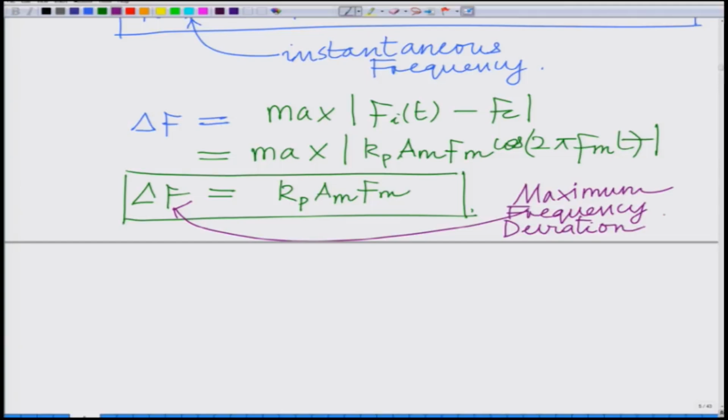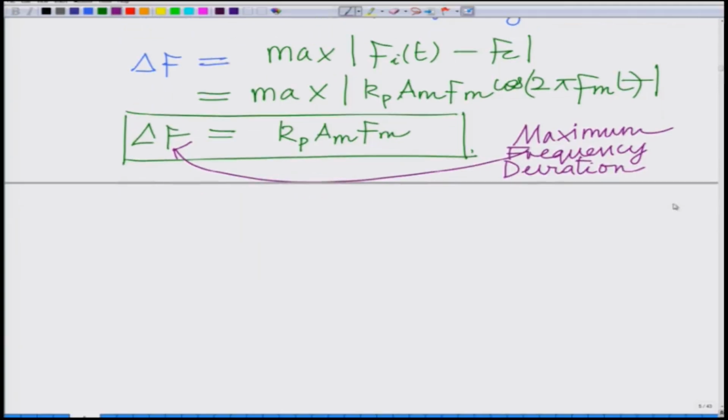This is the maximum frequency deviation equal to k_p A_m times f_m, which implies that beta can be expressed as delta f by f_m.